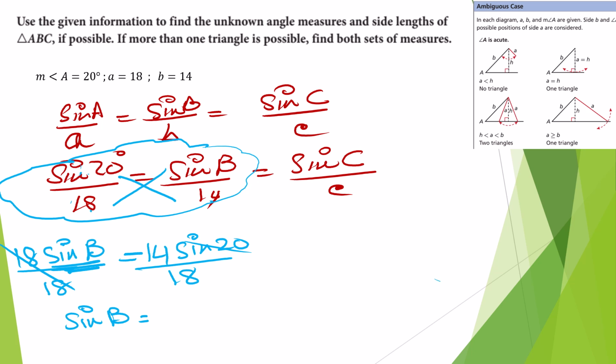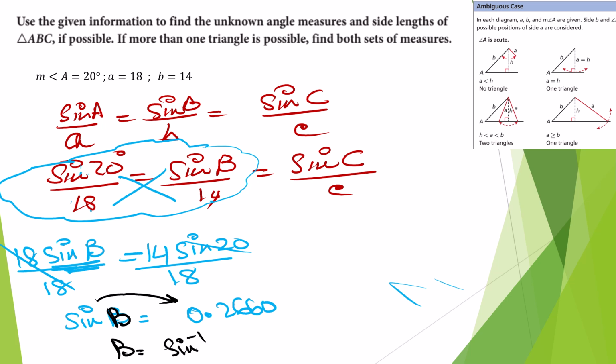0.2660. Okay, so at least write the 4 digits after the decimal. Now as I told you, in order to find the angle B, I have to bring the sine over here. So for that, I have to take the inverse of the sine. Don't write 1 over sine.